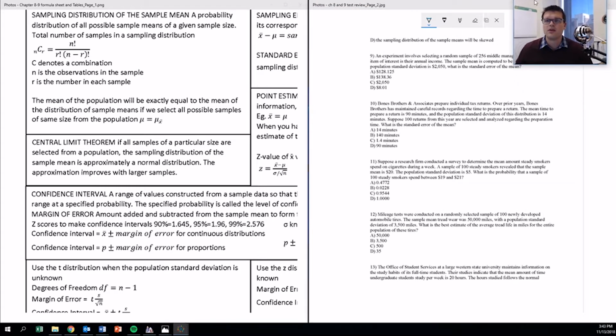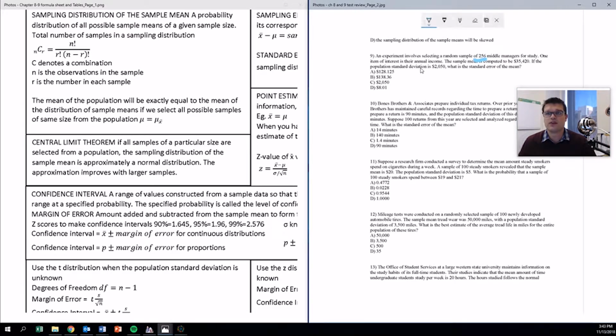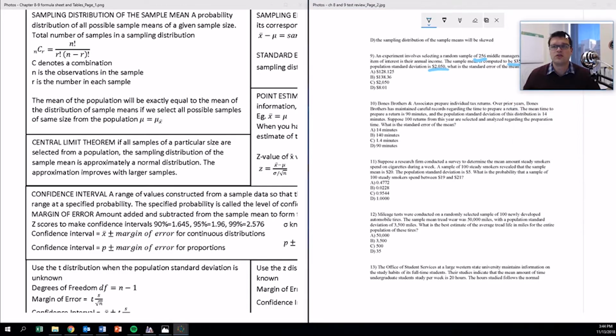So the number is 256. One item of interest is their annual income. The sample mean is computed as 35,420 with a population standard deviation of 2050.